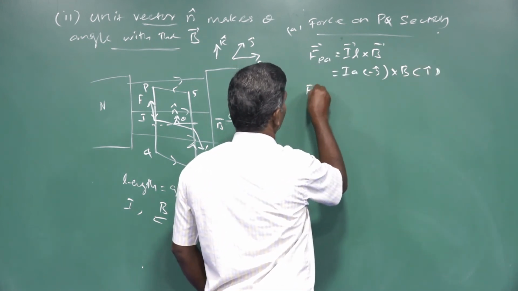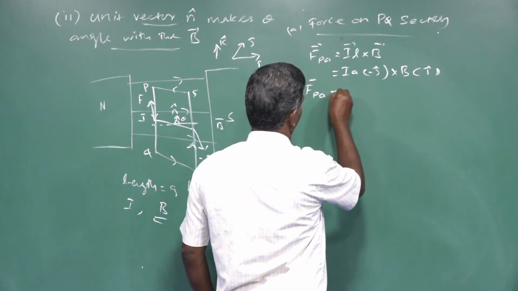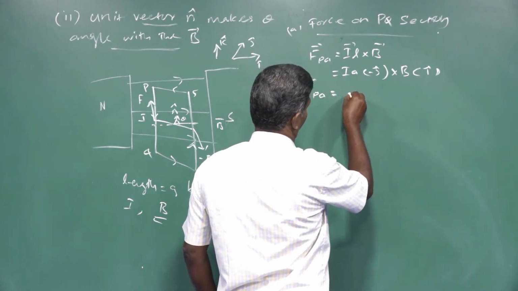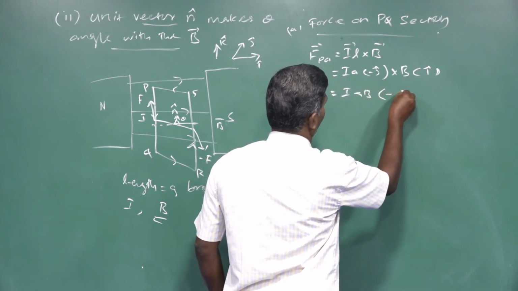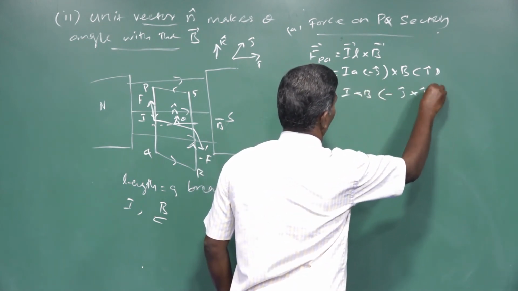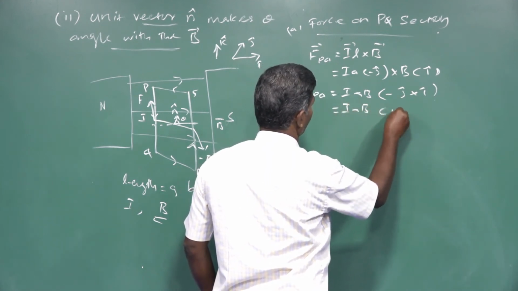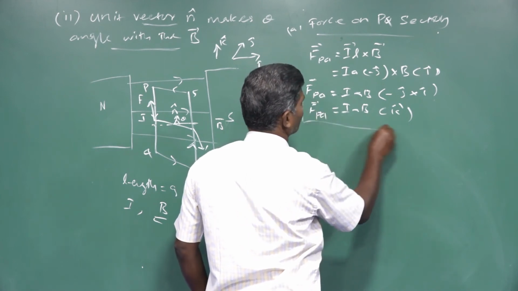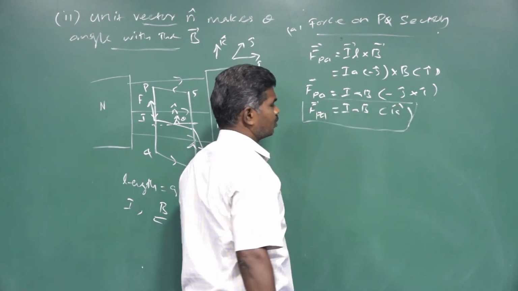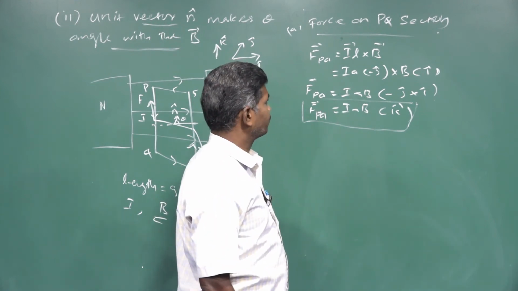So F on PQ vector is equal to I a B of minus j cap cross I cap, it can be taken as I a B into K cap. That PQ side experiences the force along the positive z direction.